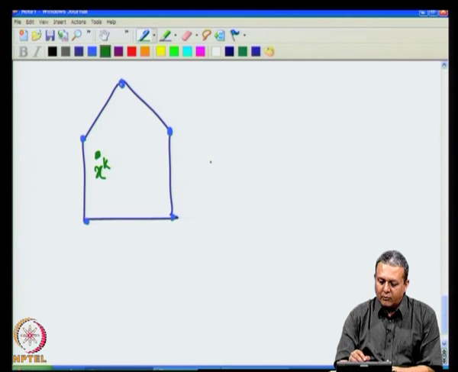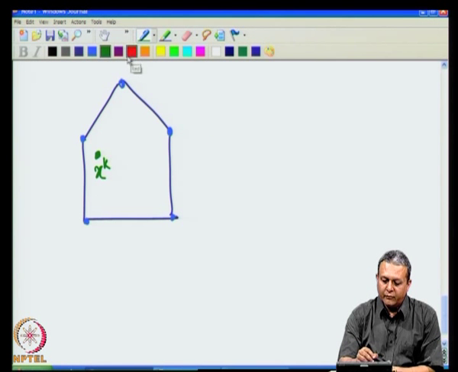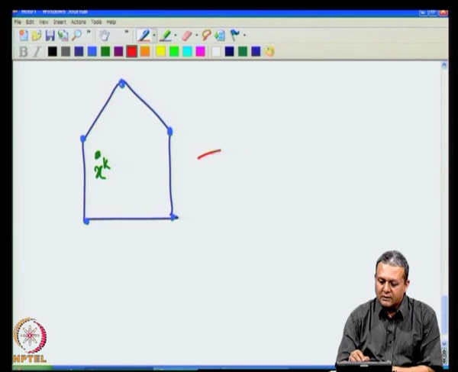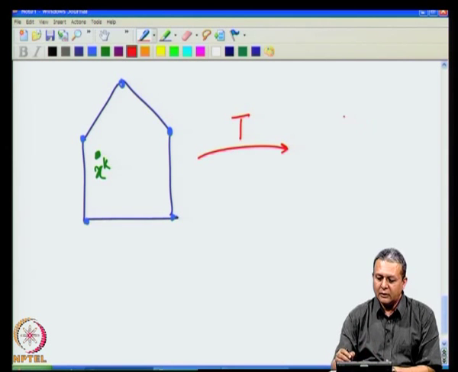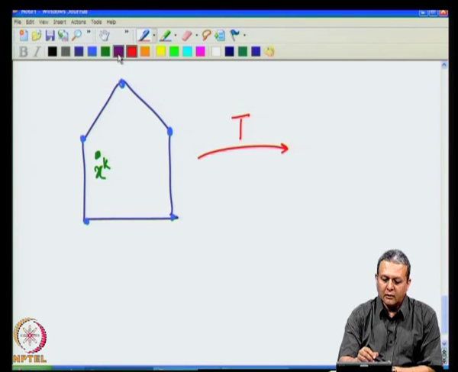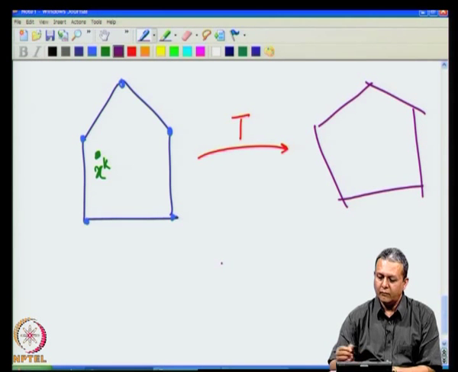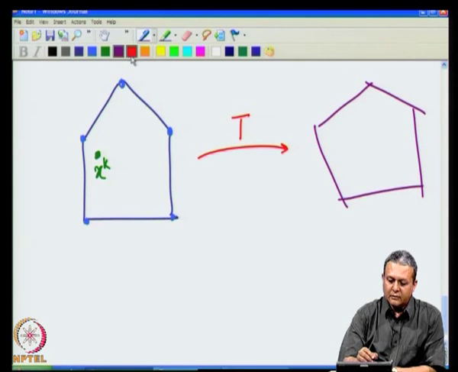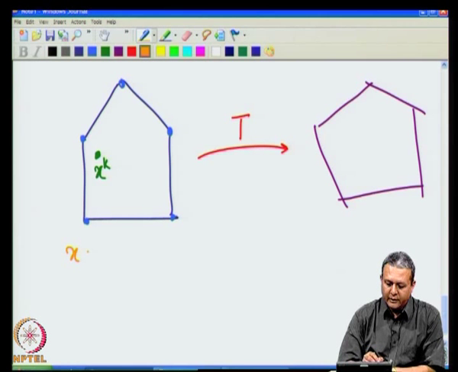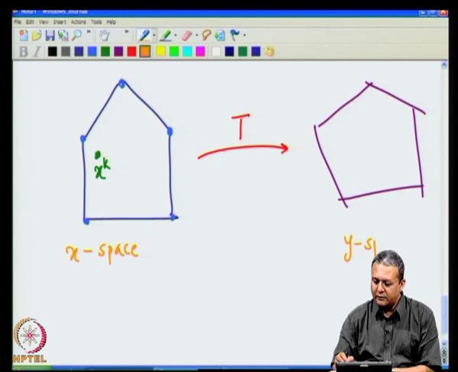So, what Karmarkar suggested was the following. He suggested that you use a transformation T to map this feasible region into some other region in the new space. Let us call this the x space and this the y space.